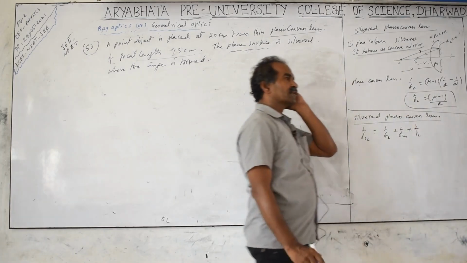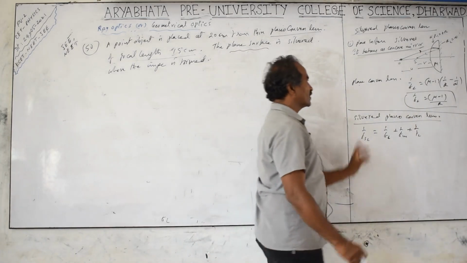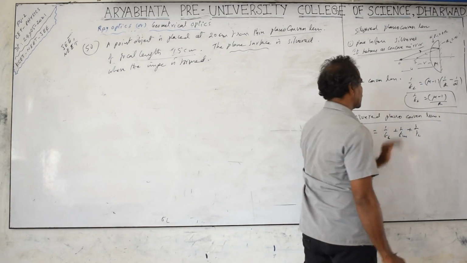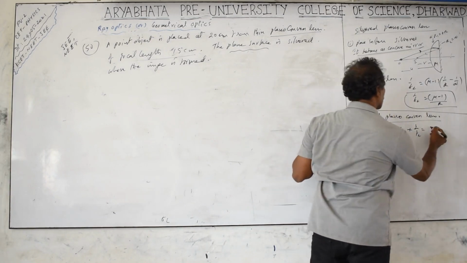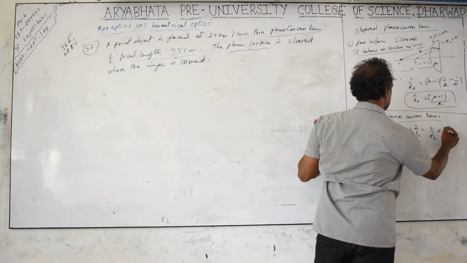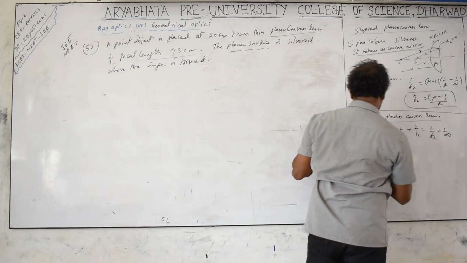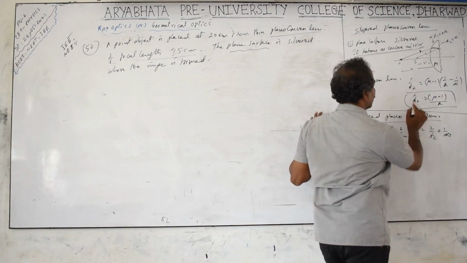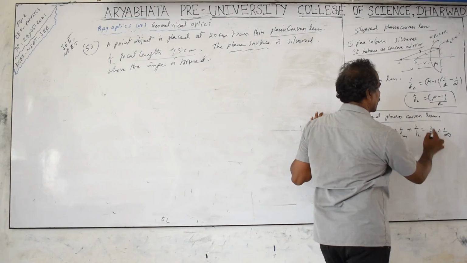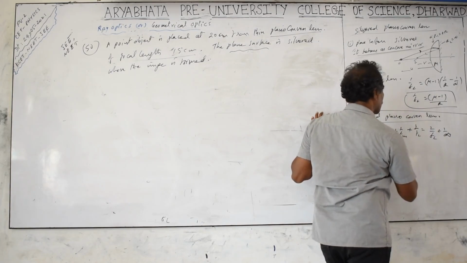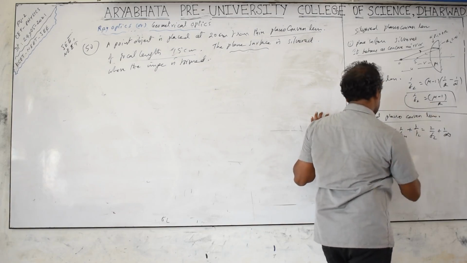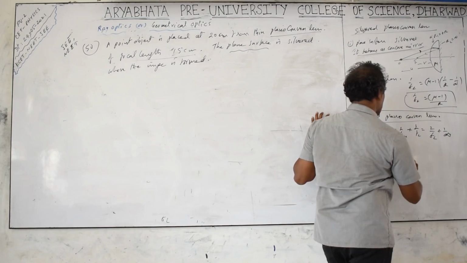For a combination of thin lenses in contact, without separation, it is 1 by lens the first time, and the mirror, again coming back, 1 by lens again. So 1 by infinity, this becomes equal to 2 by f lens plus 1 by infinity. The result is 1 by f silvered lens is equal to 2 by fl, which is 2 into 1 by fl. 1 by fl means mu minus 1 by R. So the result is 2 into (mu minus 1) by R.